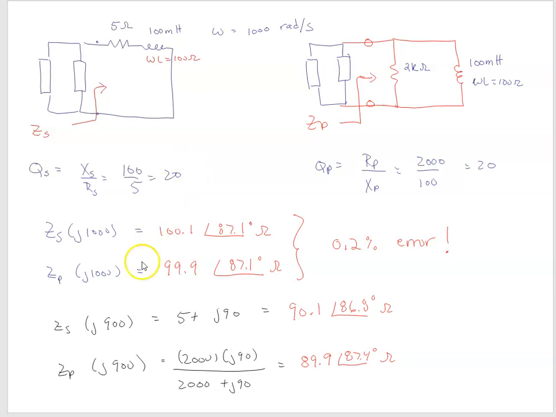If we look off of that by 10% and just look at j900, we get 5 plus j90, or 90.1 angle 86.8, and for the parallel we get 2000 times j90 over 2000 plus j90. That's 89.9. So we're still within less than 1% error, even 10% off the resonant frequency. So that's an example of the transformation. We'll look further at this in other videos.